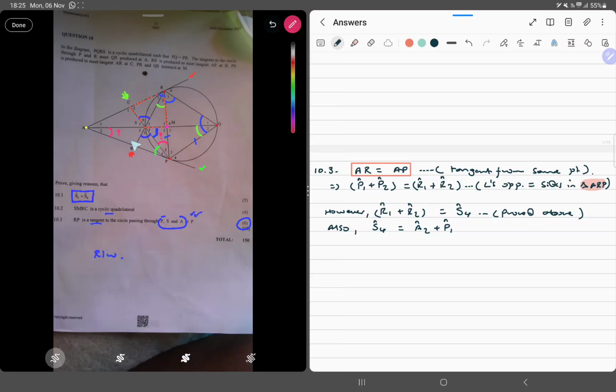Now what are those angles? This is an exterior angle of triangle SPA or APS. Can you see? That side produced makes that S4 the exterior angle for that triangle. So we can say this is the exterior angle of triangle. Now, since we're mentioning a triangle we didn't speak about, it's going to be triangle APS.